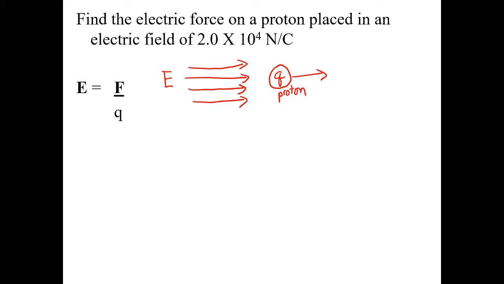You might say, well, how did I know to use this formula rather than the other one? Because we want the electric force. We're not asking for the electric field or the size of the charge. So we want the force, so we'll just rearrange this. All I did was multiply both sides by Q, just like you're used to doing.